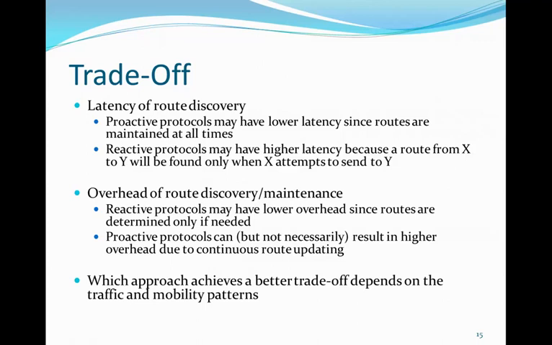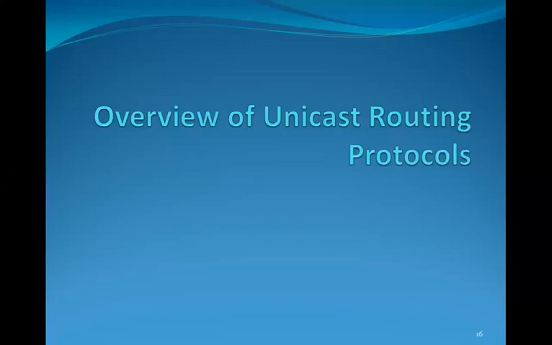The stale information inside the table may misguide the complete network, not only a single host. So which approach achieves a better trade-off depends on the traffic and mobility pattern. And as I told you earlier, the topology, the administrative structure, and the mobility model followed in that specific network are also important to know about the overhead.